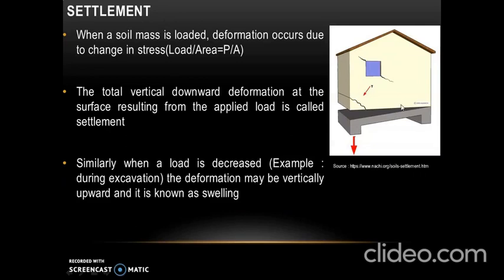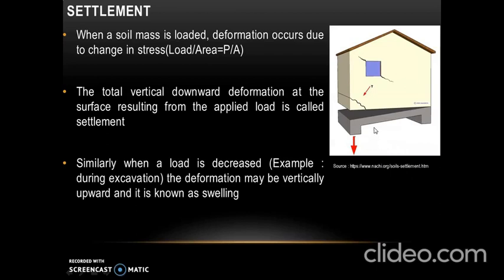Here we can see a structure which is constructed over a soil mass. So, soil mass is getting loaded due to this structure. There is a stress which acts on the soil mass. Stress is nothing but load divided by area. So with the increase in stress, the deformation in the soil increases.